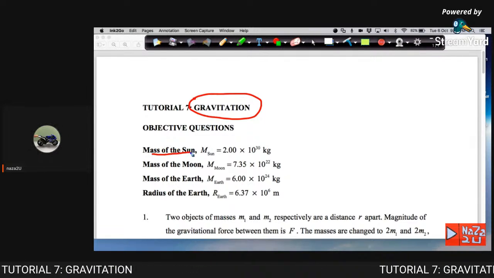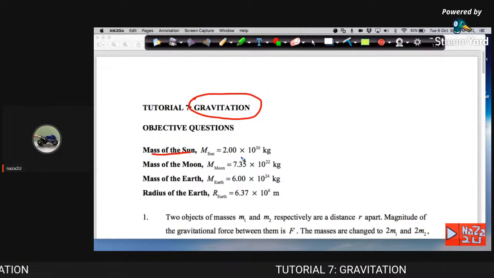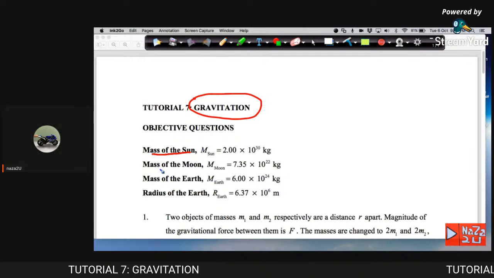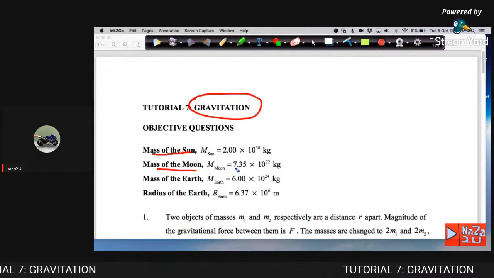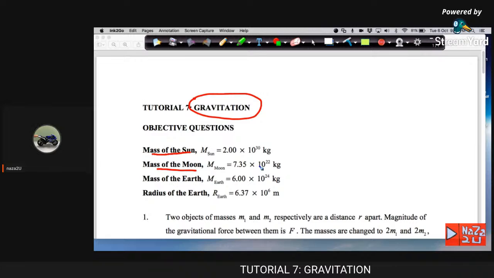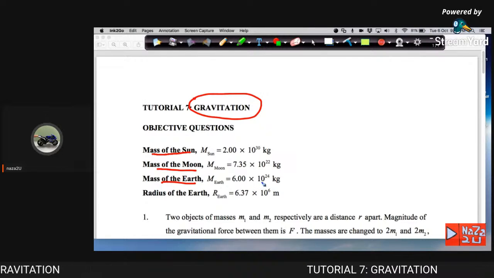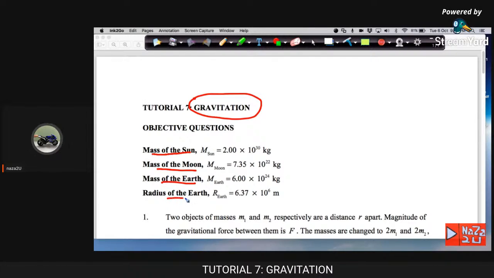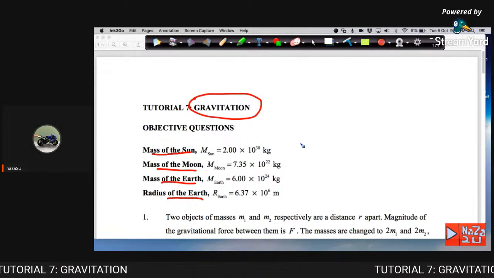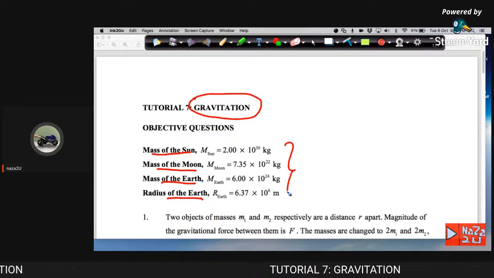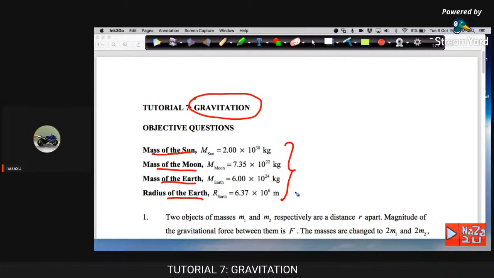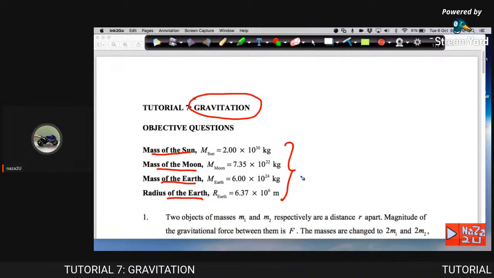Mass of the sun, 2 exponent 30 kilogram. Mass of the moon, 7.35 exponent 22 kilogram. Mass of the earth, 6 exponent 24 kilogram. And the radius of the earth, 6.37 exponent 6 meter. This is the value of the constants in the exam.